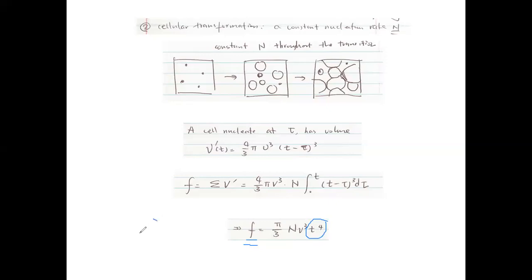So if you compare this scaling for the site saturation case with the other, my question for you to think about is: if t is small, in a very early stage of the nucleation process, which scenario is going to give you a larger or faster transformation? Is the site saturation going to give you a faster transformation when t is small, or the cellular transformation?